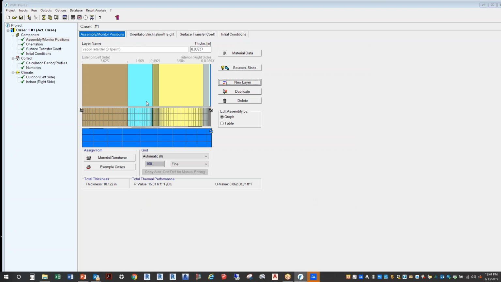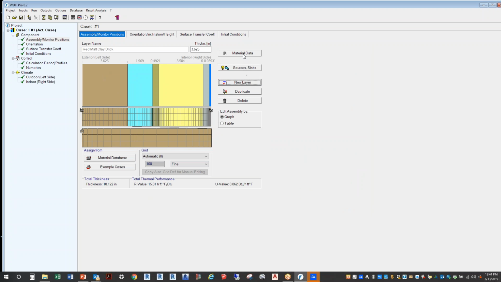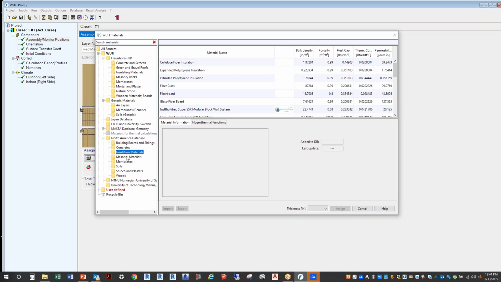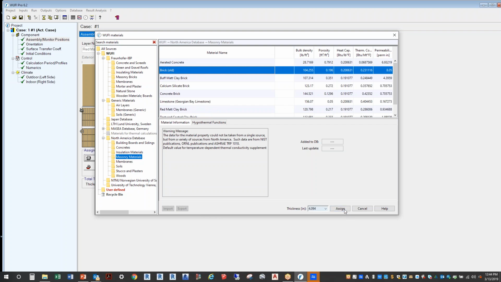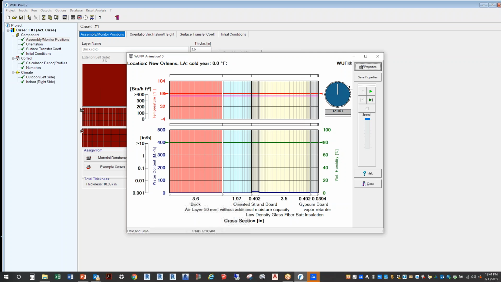I want to change this, hang on a second. I want to change this to old brick. We're still in New Orleans.